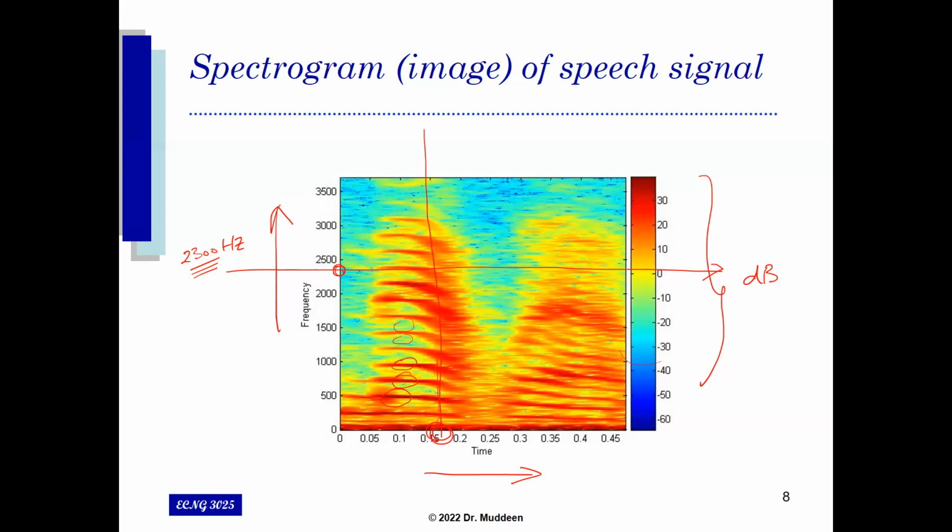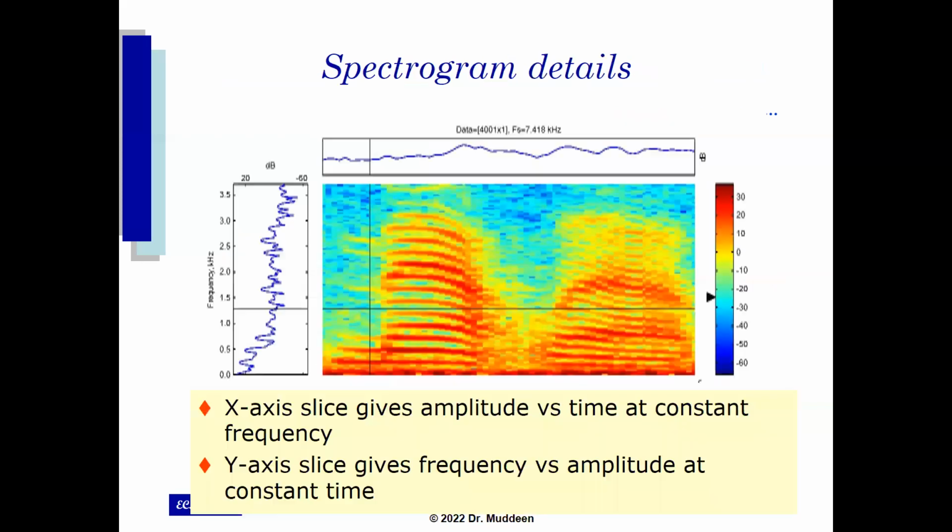So a slice going along time at a single frequency shows how the amplitude at that frequency varies with time. A slice along the frequency axis gives me how the spectrum of the signal looked at a particular time. Make sense?